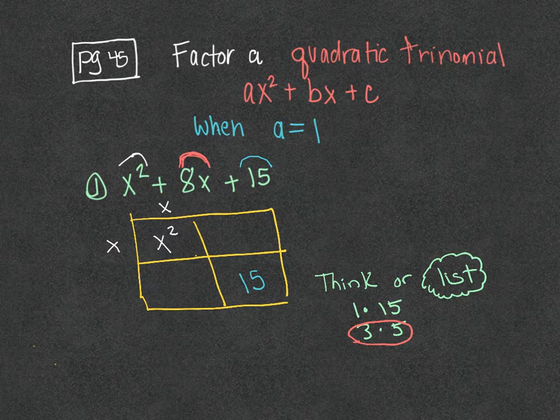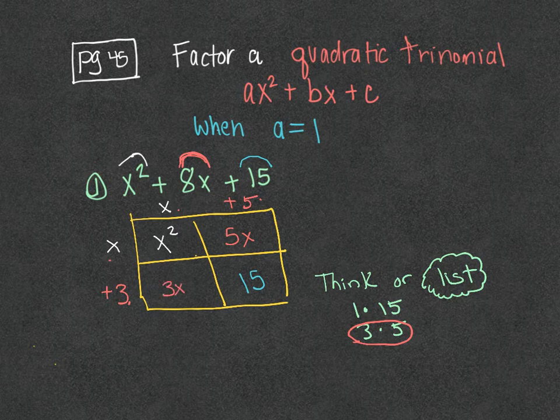So I'm going to write down a positive 3 and a positive 5, and then see if this works. If I take x times positive 5, that's going to give me 5x. If I take 3 times x, that's going to give me a positive 3x.